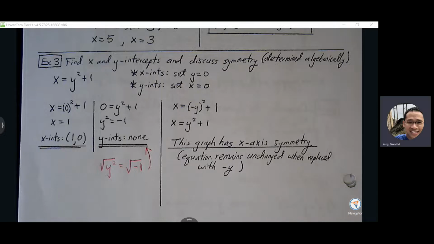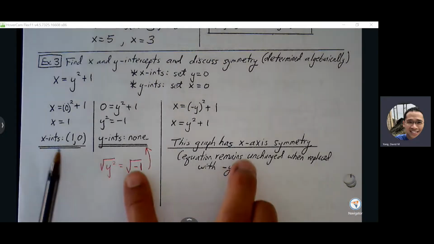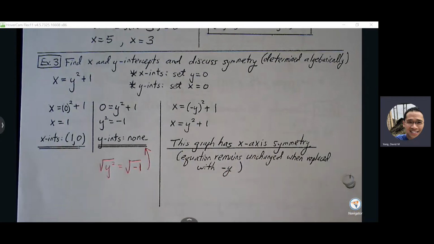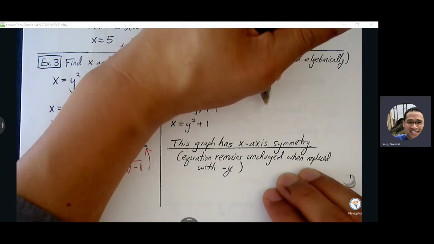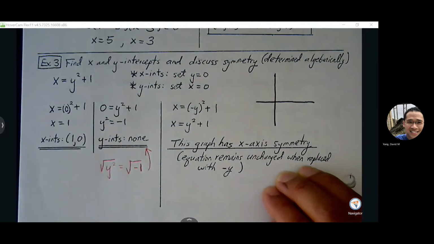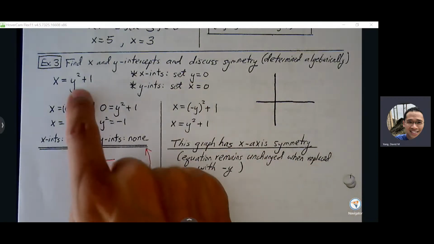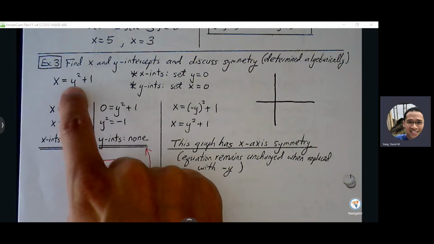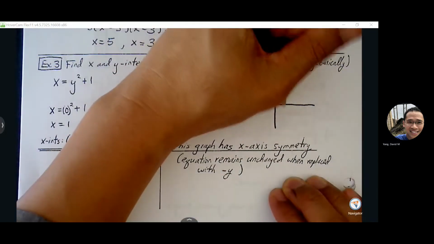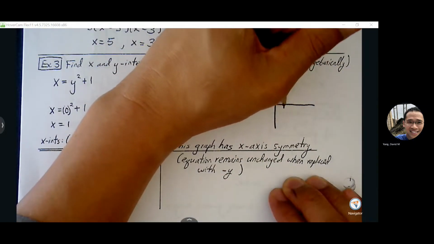I want to show you what this graph looks like to convince you that these algebraic steps match what we can see visually. This is a parabola that is opening sideways, and it has an x-intercept at 1. So it's going to look like this.